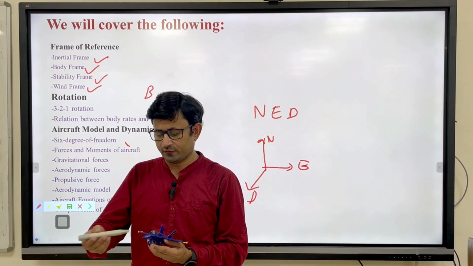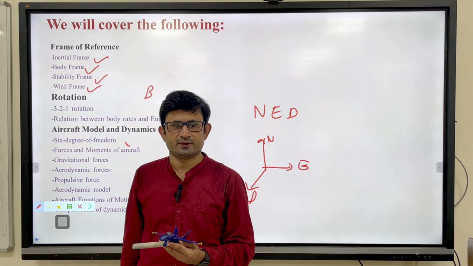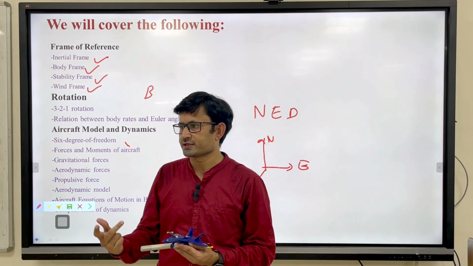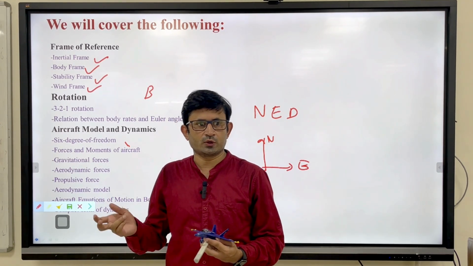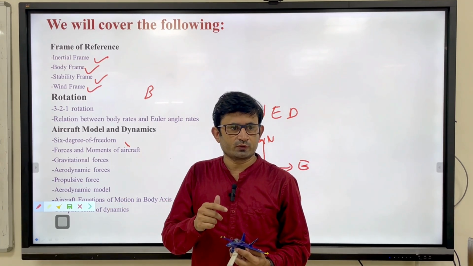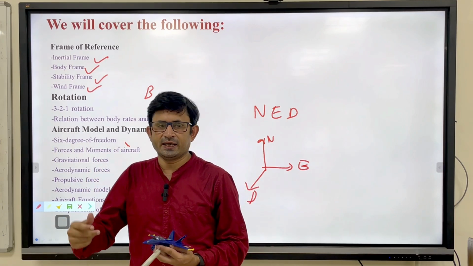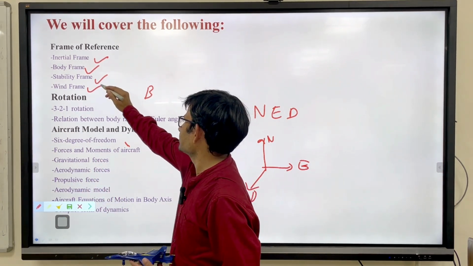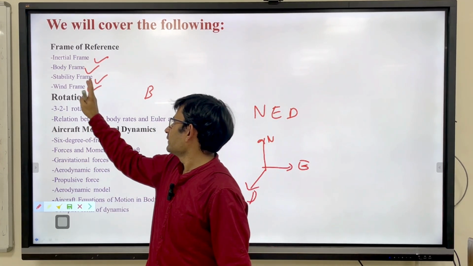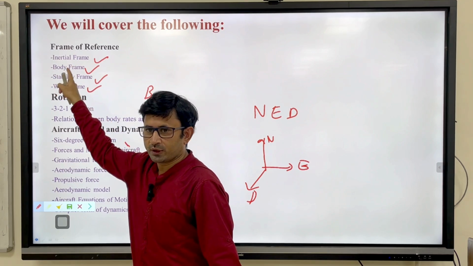When you take wind from an arbitrary direction and consider it as the x axis, that is known as the wind frame. If you want to go back from wind to body, you rotate by beta and then alpha. That is the definition of the stability and wind frames. But in today's class we will focus on the inertial frame and body frame.